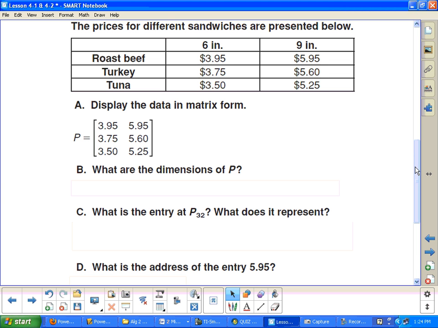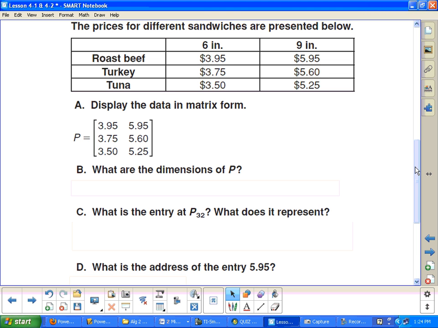We're looking at the matrix here, Elise, not the set of data. Looking at the matrix, how many rows are there?